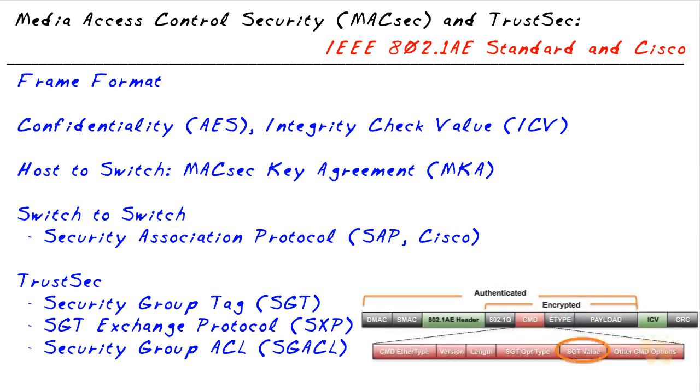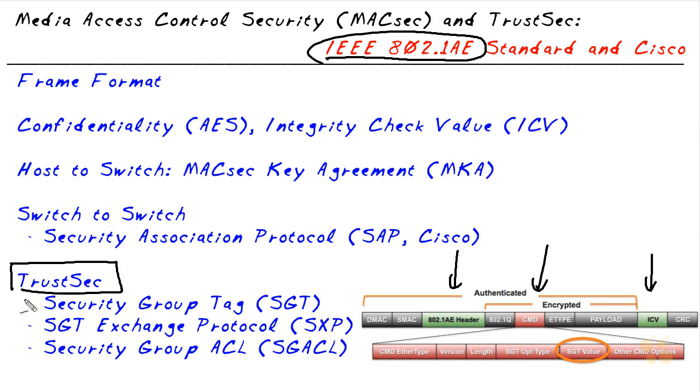Now, one of the cool things that Cisco has done is they've taken IEEE 802.1ae that has these additional fields, and they said, how could we leverage that to increase the security posture and make it easier to manage large environments? And one of the things they did, they created the concept of TrustSec. It's a Cisco concept where a group of devices, and they're all paying attention to various labels that have been associated with frames of data.